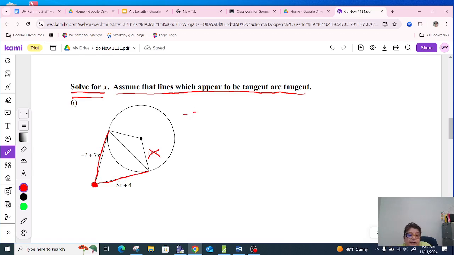So negative 2 plus 7x equals 5x plus 4. Right. So remember, when you solve and you have variables on both sides, you get variables to one side, and constants, which are the numbers without the variable, to the other.